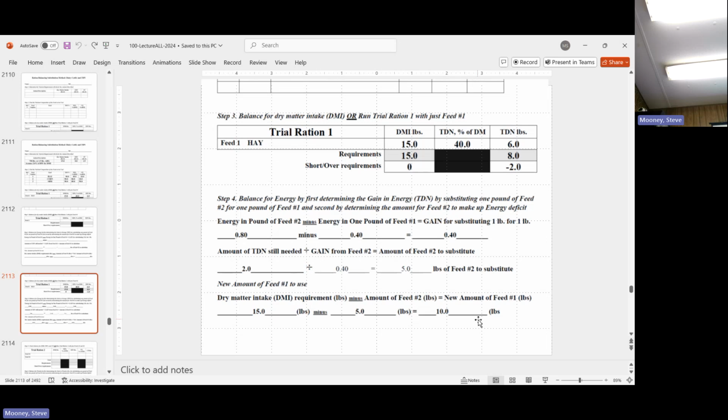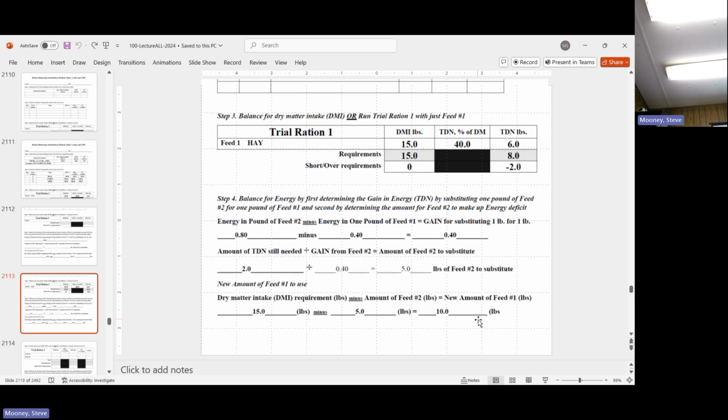Each time I do that, I gain 0.4 pounds. I do that 5 times. I'm going to gain 2 pounds of TDN. So I take 5 here, bring it down to here.